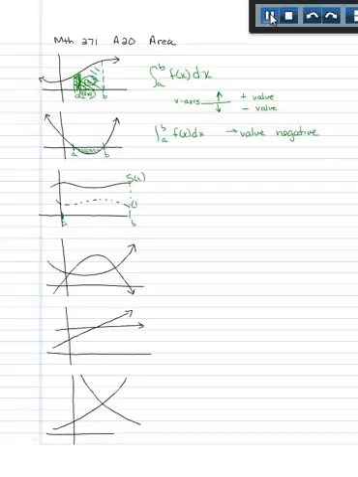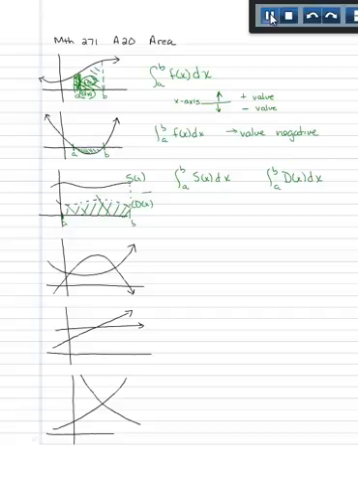Let's call this the dotted function, and so just D for dotted, S for solid, that if I do the integral from A to B of the solid function, that's going to give me this whole area right here. If I do the integral from A to B of my dotted function, that's going to give me the area below that curve. So remember, when we do one curve, it's from the curve to the x-axis.